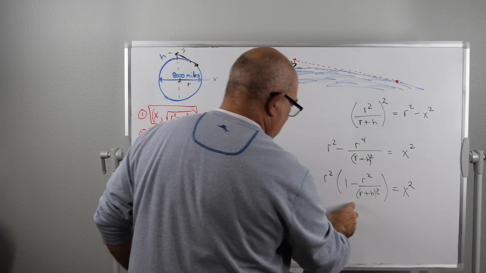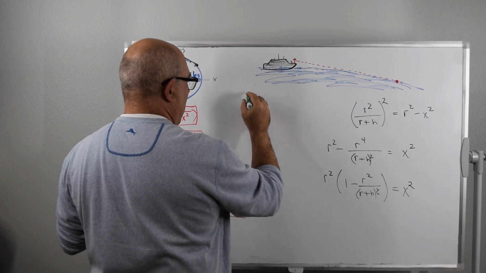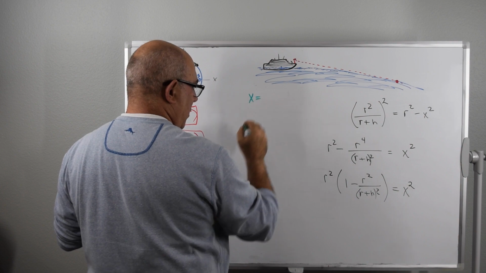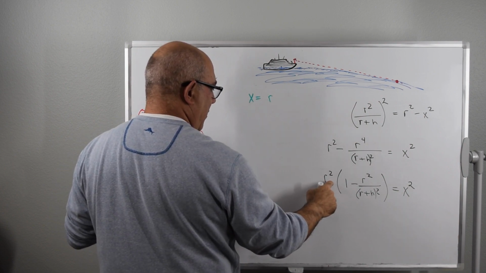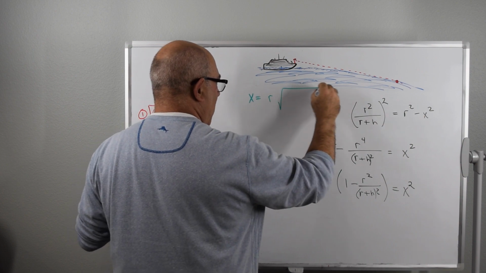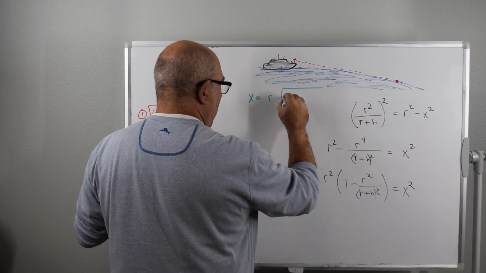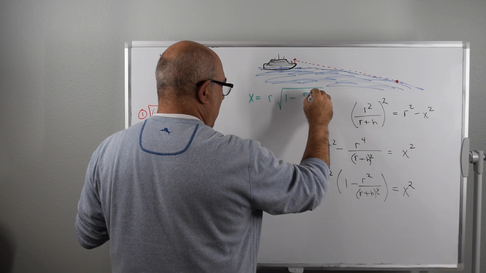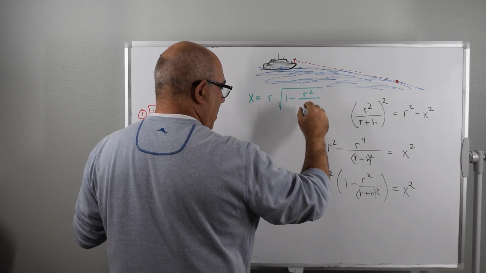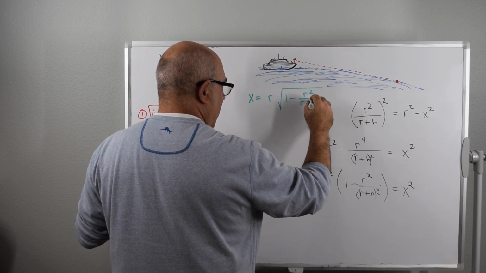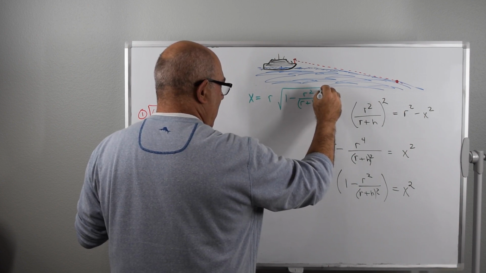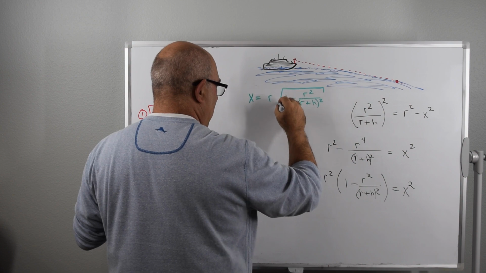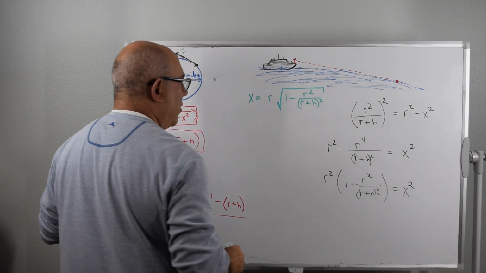So if we take the square root of both sides, we're going to get x equals r, because we're going to take the square root of r squared, times the square root of 1 minus r squared over r plus h squared. And that's our final part. That's our calculated formula. That's our final formula.